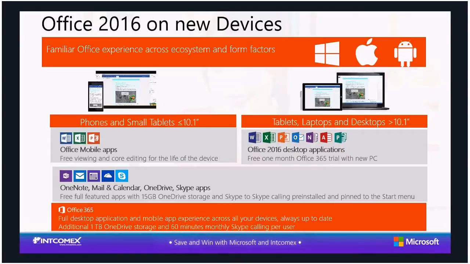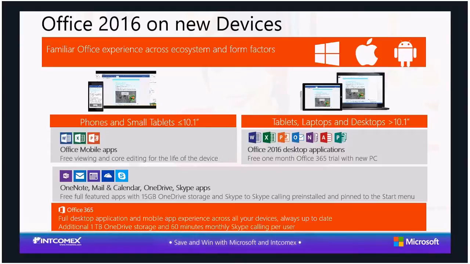data. In the case of tablets, laptops, and desktops that are more than 10.1 inches, these are the devices where we utilize what we call the desktop applications, right? It produces and consumes content. So that's why we need the full application of Word, Excel, PowerPoint, Outlook, OneNote, and all these applications that we have included in Office.